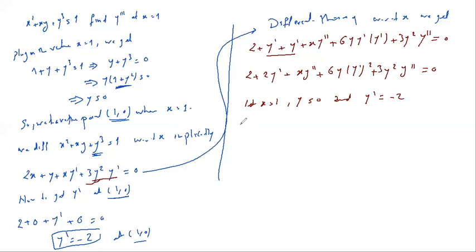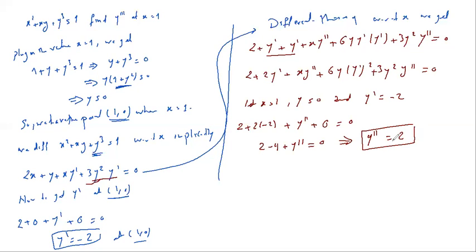We get 2 plus 2 times -2 plus 1 times y double prime, plus 6y y prime squared, where the value of y is 0 so this is 0, and this term is again 0 because y is equal to 0. So 2 minus 4 plus y double prime is equal to 0. It means y double prime is equal to 2 at the point 1 and 0.